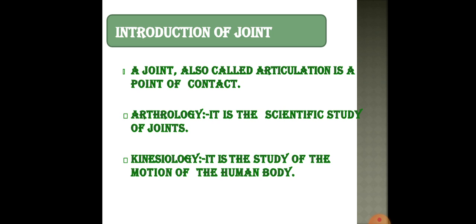Introduction of joint. A joint, also called articulation, is a point of contact. Orthology is the scientific study of joints. Kinesiology is the study of the motion of the human body.